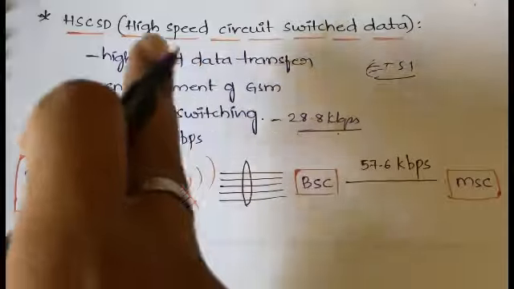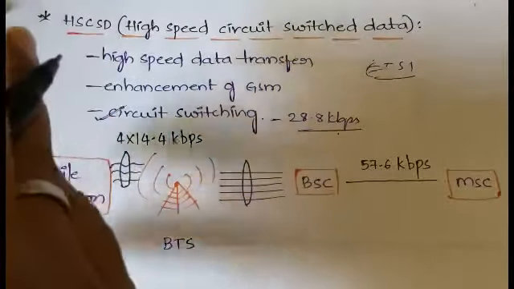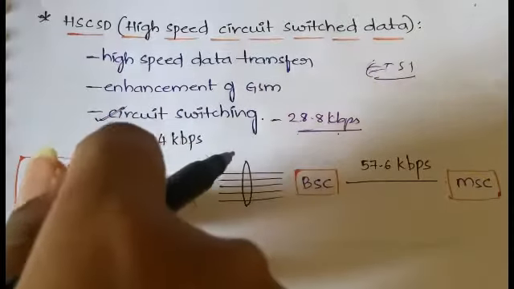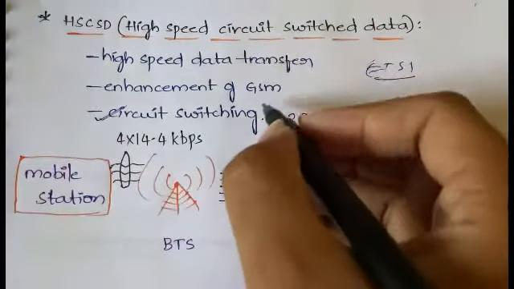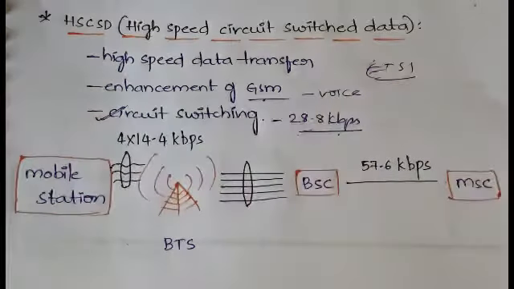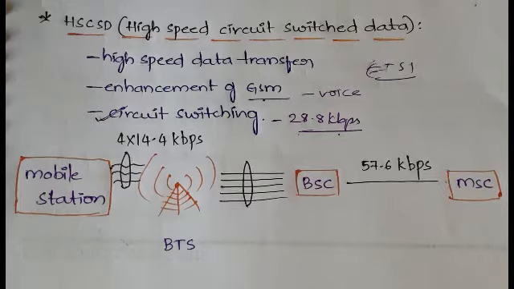GPRS, HSCSD and DECT, all three are enhancements of GSM networks, because GSM supports only voice, but these three will support both voice and data.